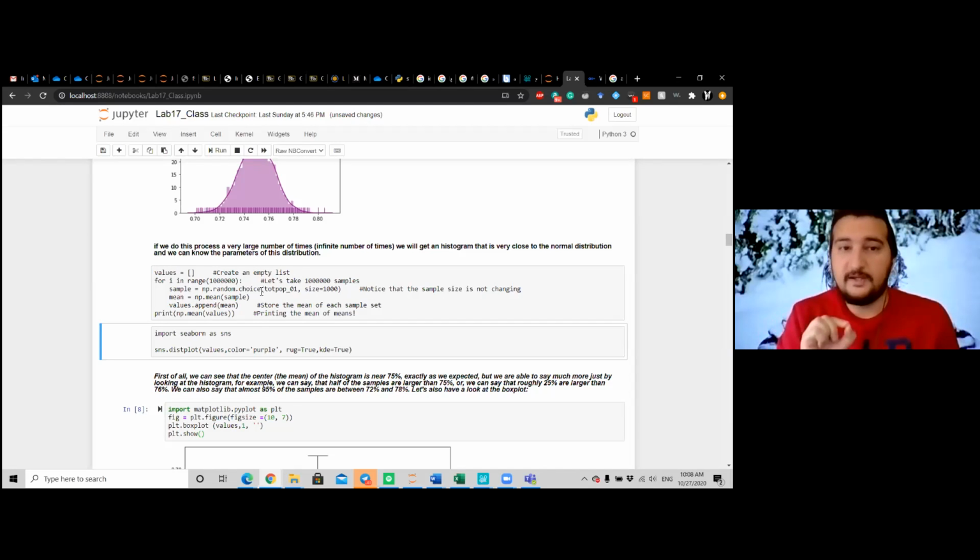Running this will create 1,000,000 samples with the sample size of 1,000 out of your population, and then plot the histogram. This will run, but this will take a while, maybe around 2 or 3 minutes. And if you have time later, do it. If you're on CoCalc, I recommend not doing that because it will probably crash and stop your server.